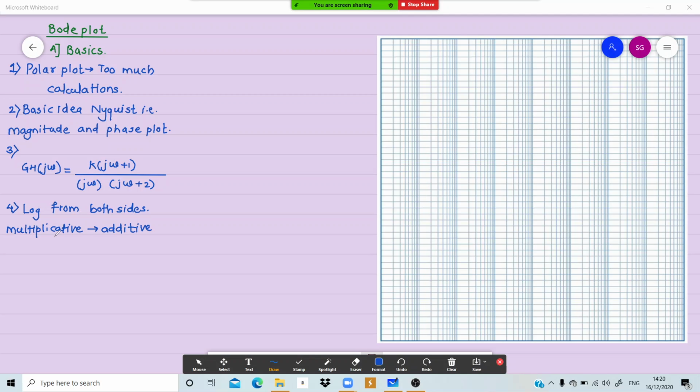The multiplication will be addition and your division will become subtraction, and because of that you will find it becomes easy to plot. Second thing, because you are taking the log, the individual components become straight lines. So I'll write in short, individual components become straight lines. How they are becoming straight lines, yes, we'll see.